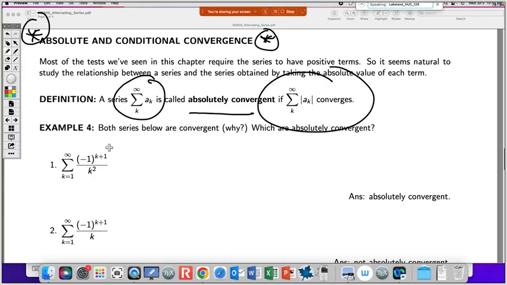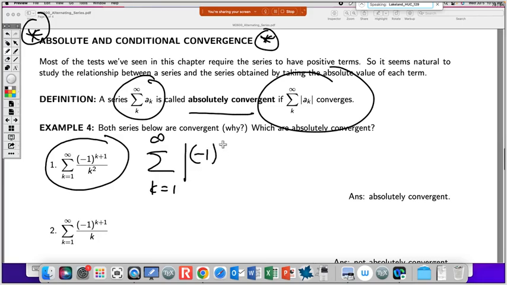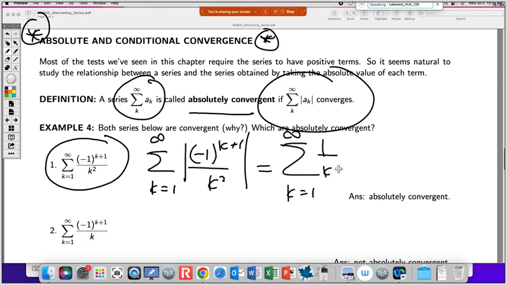So for example, if I look at the series k goes from 1 to infinity of the absolute value of this, this is the one we were looking at. That's the sum k goes from 1 to infinity of 1 over k squared. Is this series convergent? Hopefully you recognize this is a what? P series.